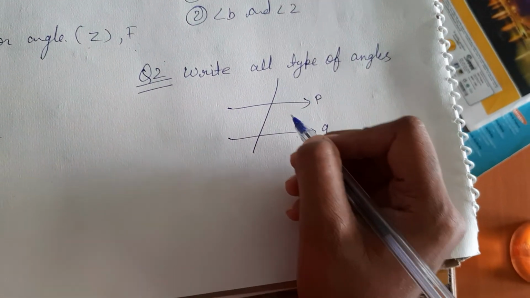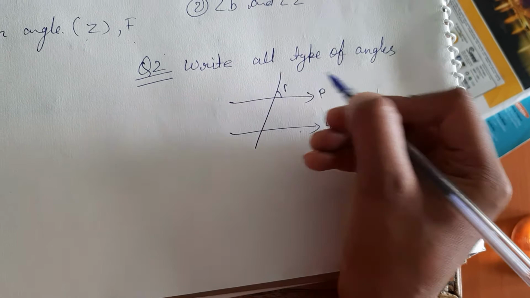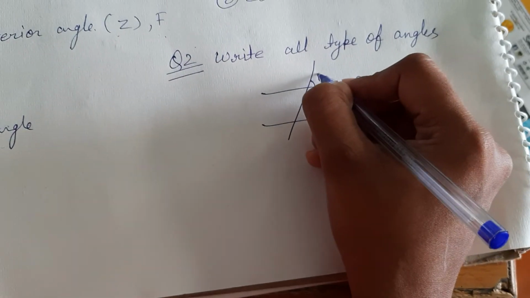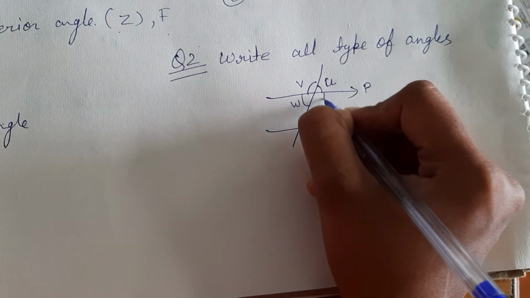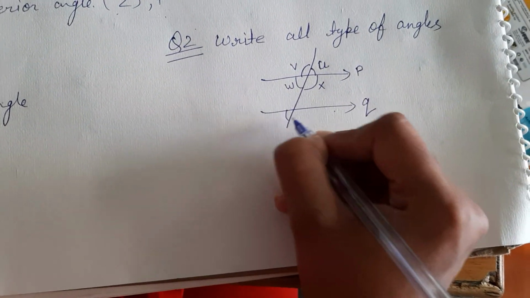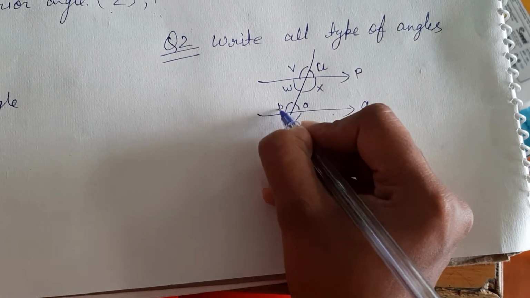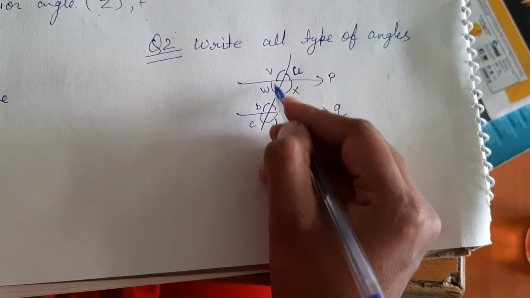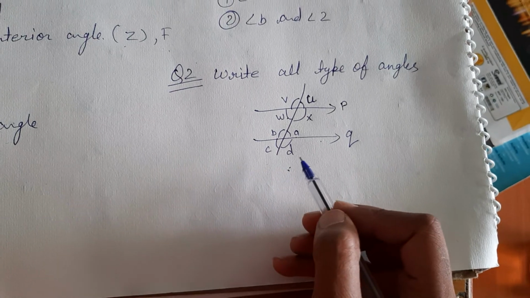The naming is P, Q, U, V, W and X. And here the naming is A, B, C and D. U, V, W, X, A, B, C, D. You have to solve this question and give the answer in your copy.